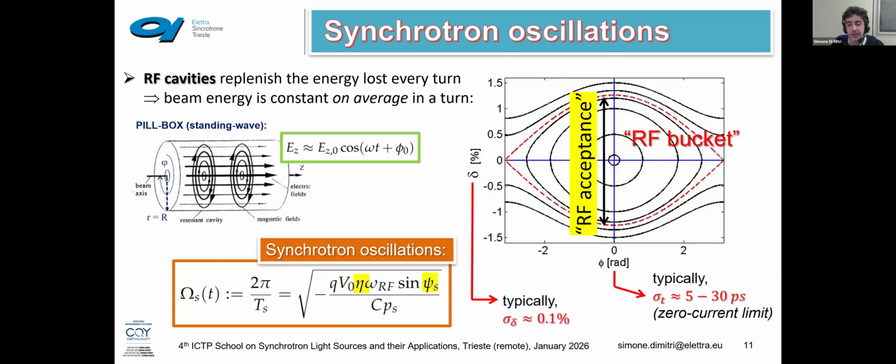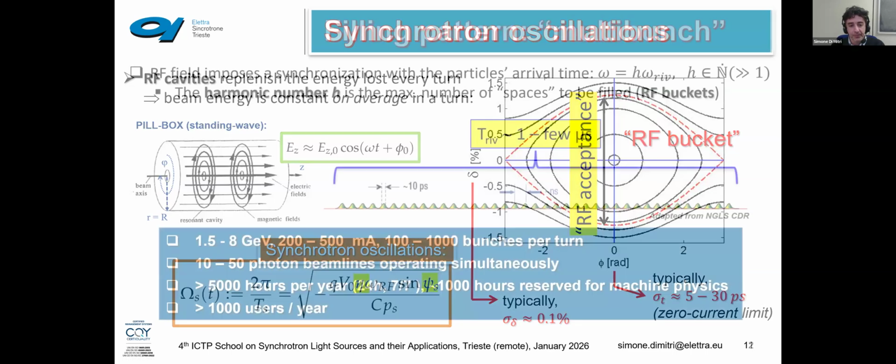These numbers are typically of the order of 0.1% for the energy deviation and tens of picoseconds in terms of electron bunch duration. And please notice that this time duration is actually reflected in the time duration of the light pulse that you are producing.